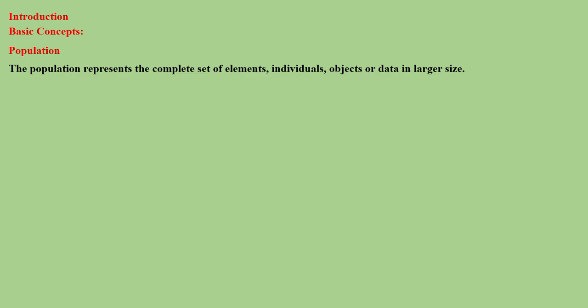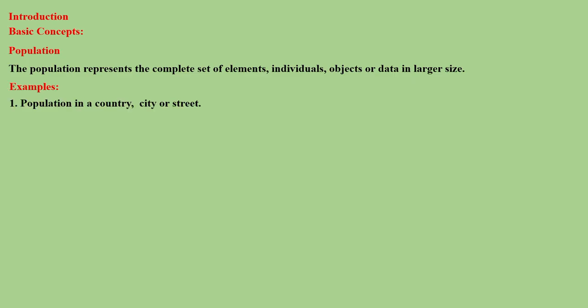So these are all the large ones. Suppose you are having 100 tons of rice or 1000 tons of wheat, or the complete production in a car factory, their production per month will be, let us assume, 2 lakhs, 3 lakhs, 5 lakhs. These are all large populations. That is called population.